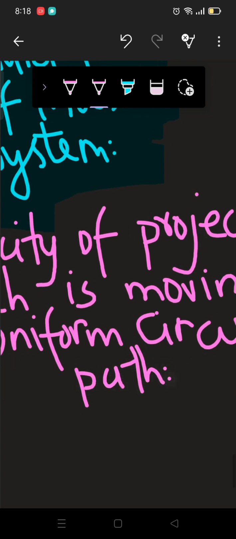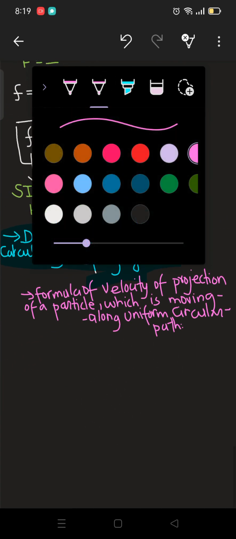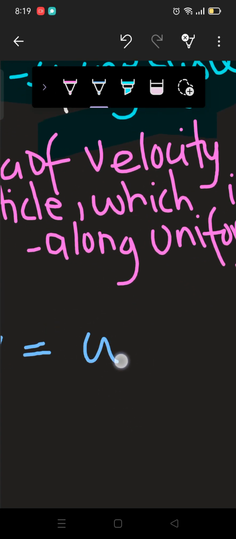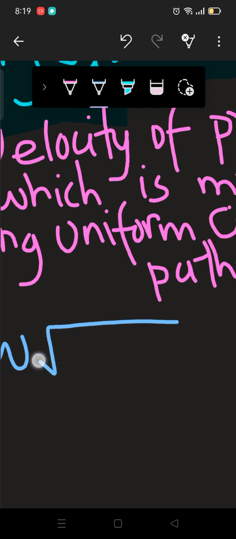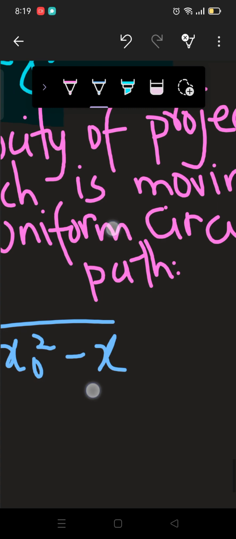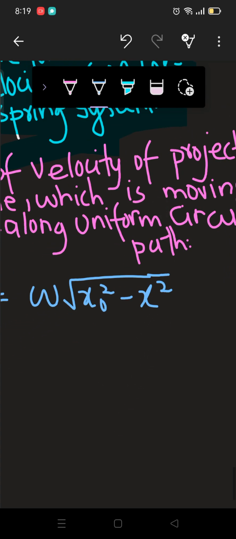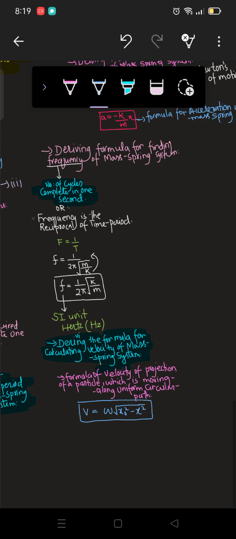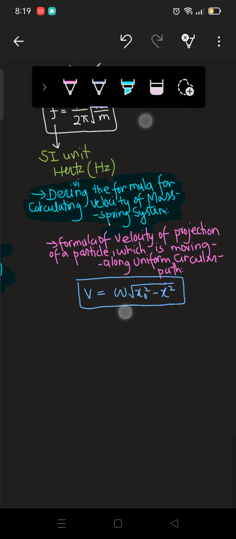So what was that formula? That formula was v is equal to omega under root x naught square minus x square, where x naught represents the amplitude, the maximum displacement from the mean position to the extreme position, since displacement is always taken from the mean position, right?